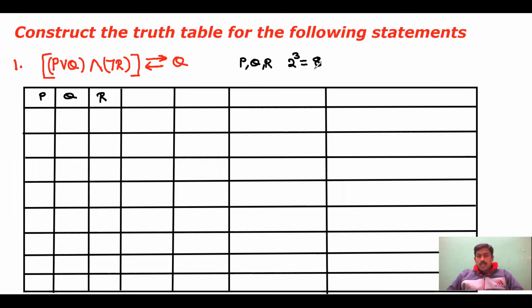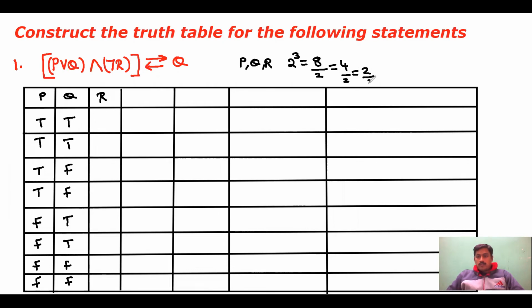The 8 combinations can be written as: first divide by 2 and write 4. 4 combinations we have to write first, that is T, T, T, T. 4 T's, then 4 F's: F, F, F, F. Again divide by 2, we will get 2. 2 T's, 2 F's, 2 T's, 2 F's.